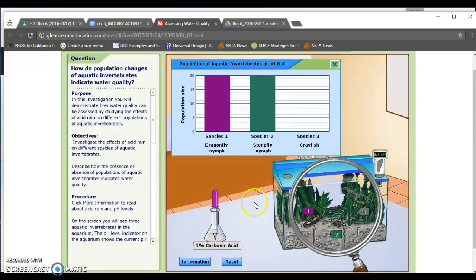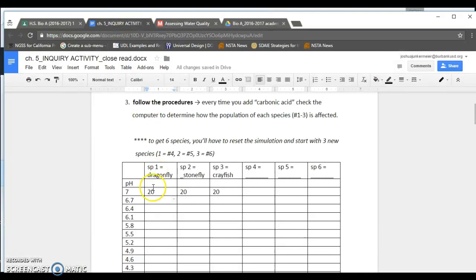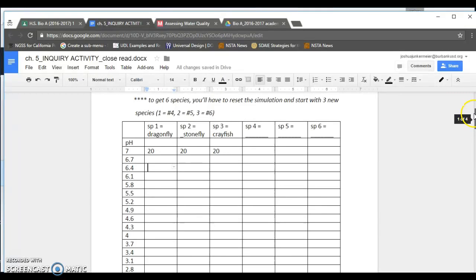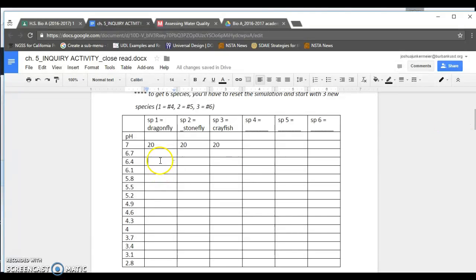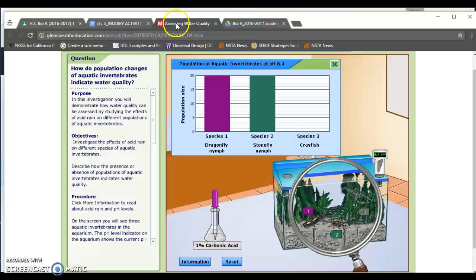All right. Again, you have to keep using the dropper until you get to a pH of, let's see what it says here, 2.8. So keep adding drops until you find out if any of the species can handle the pH at that level.